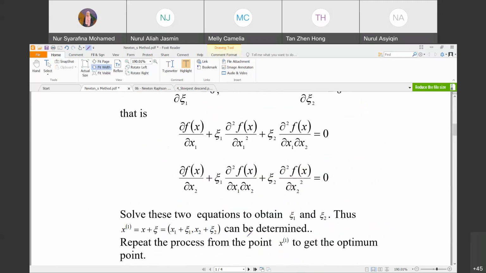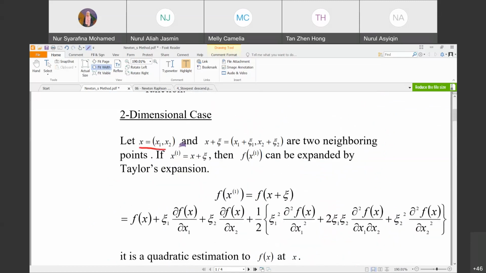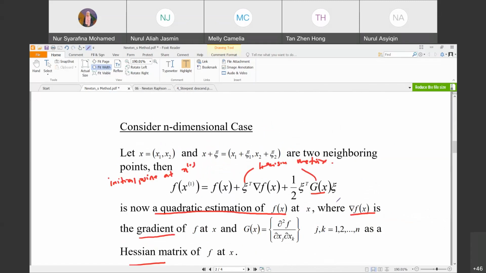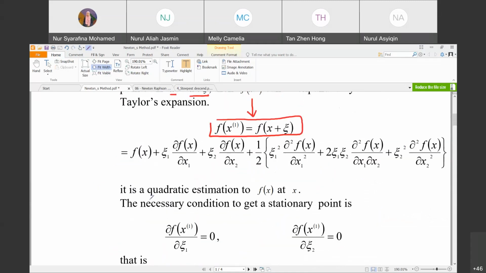In two dimensions, it's just the same. You have a point, then you have a neighboring point. If you want to update it to x1, it involves epsilon, which can be expanded like this, compared to the n-dimensional case. This is obtained from the Taylor expansion.